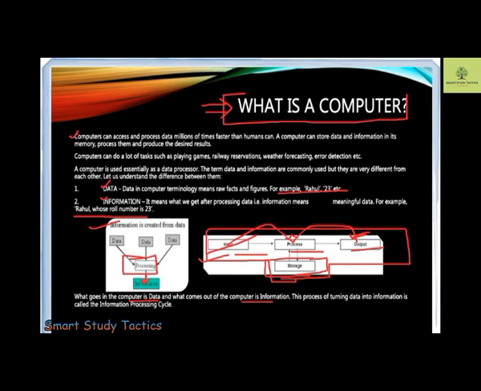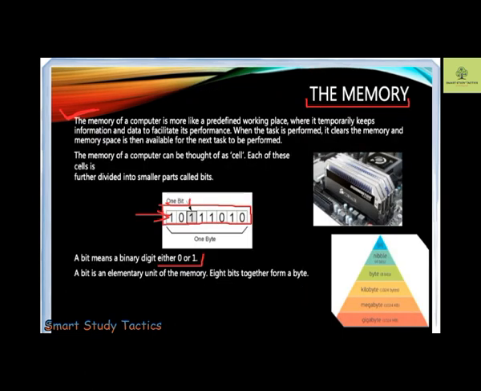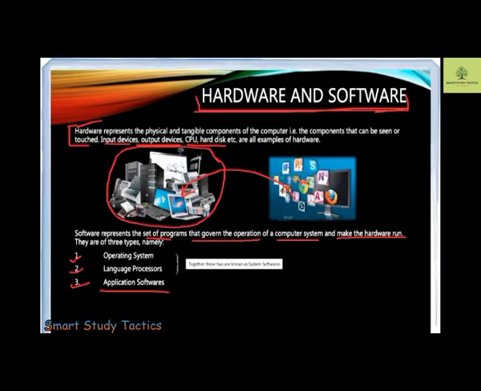What is the computer? At that time I told you, you have to understand two words: data and information. Then I told you about the working cycle of a computer system. Then which components help to perform these things? These are known as the input and output units and the central processing unit. Then we discussed the memory. As human beings have memory, similarly the computer has memory.